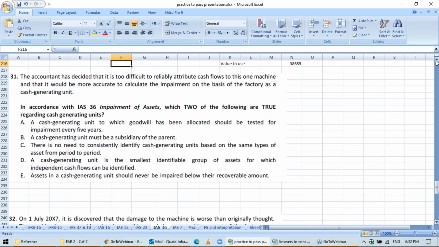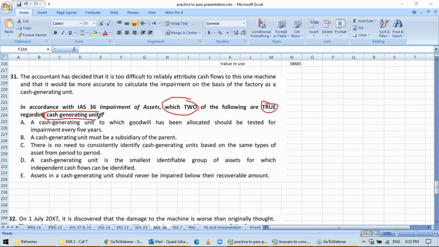So what they are asking: the accountant has decided that it is too difficult to reliably attribute cash flows to this one machine, and that it would be more accurate to calculate the impairment on the basis of the factory as a cash generating unit. In accordance with IAS 36 Impairment of Assets, which two of the following are true regarding cash generating units?